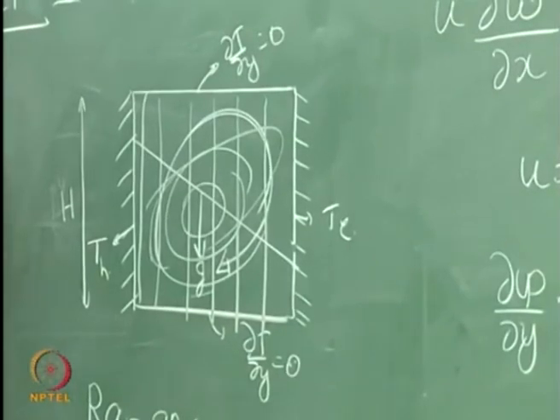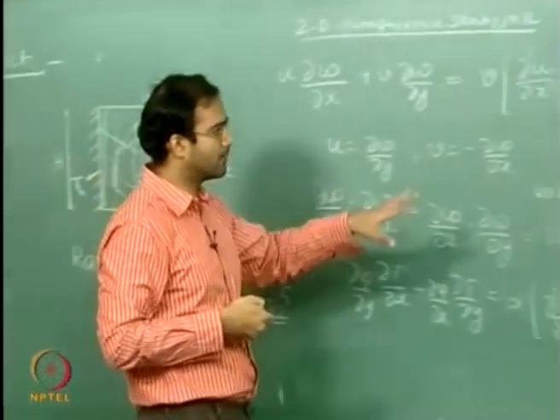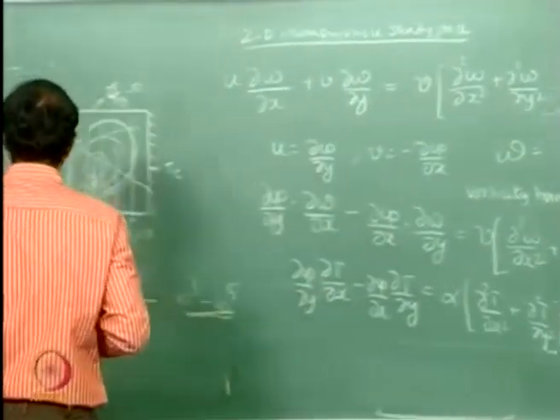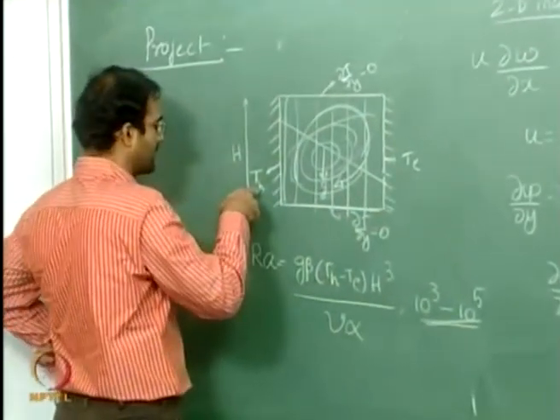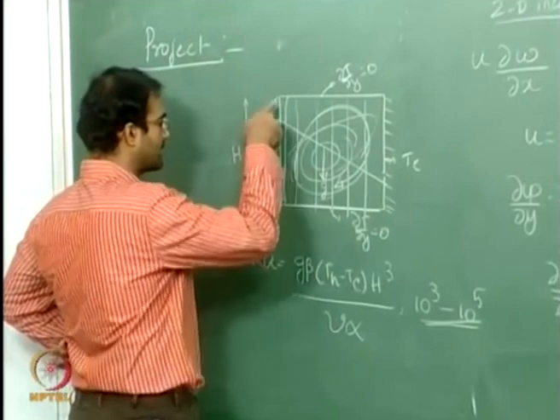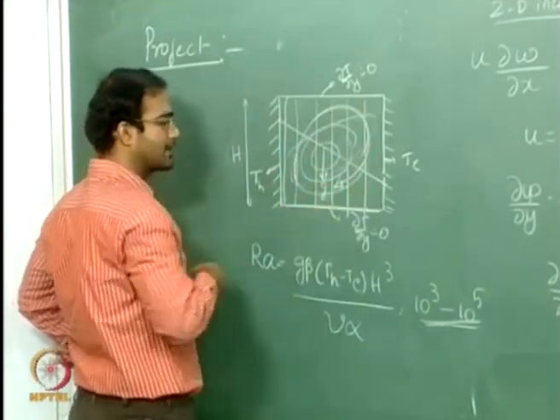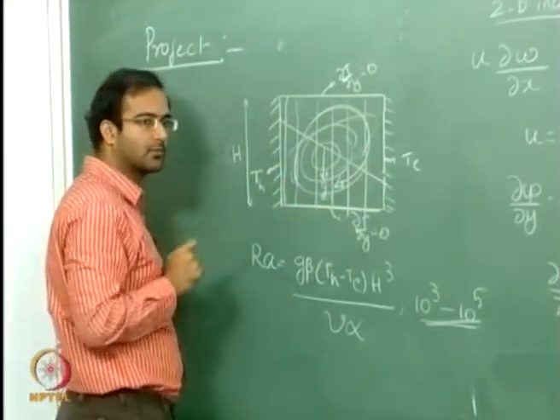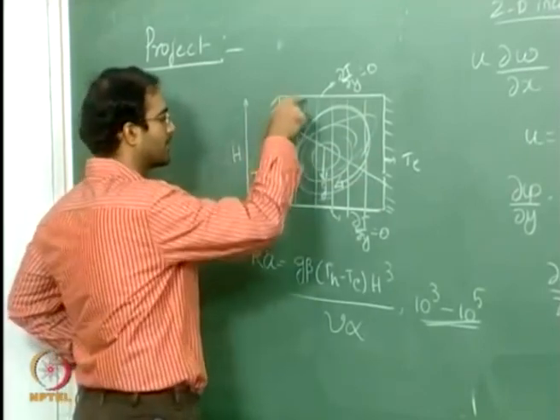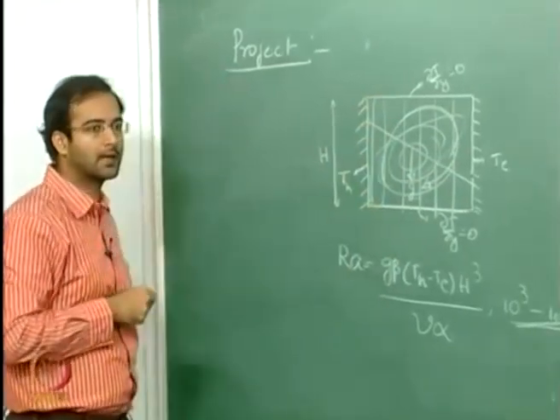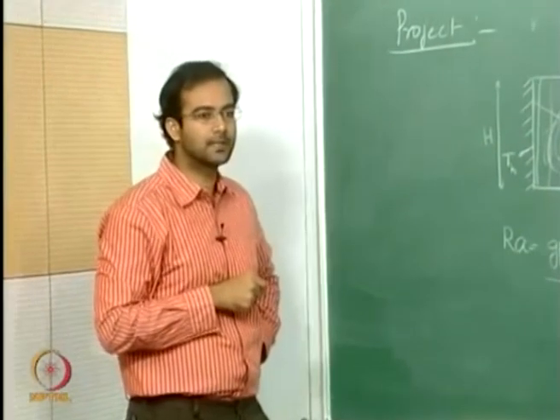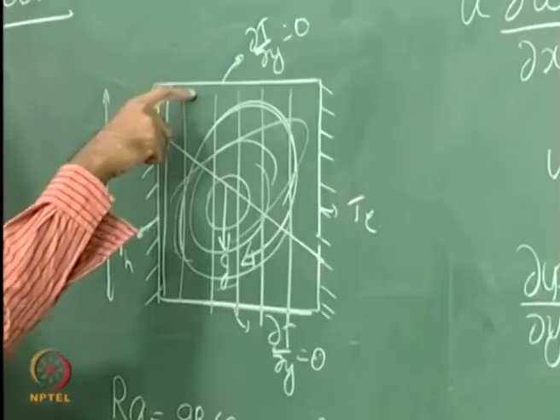Coming to the boundary conditions, to solve this you need boundary conditions. As far as the temperature is concerned, the left and right walls have fixed temperature, so you know the temperature at those points, you don't have to solve them. The top and bottom have adiabatic conditions. The simplest case will be extrapolation from the inner point.